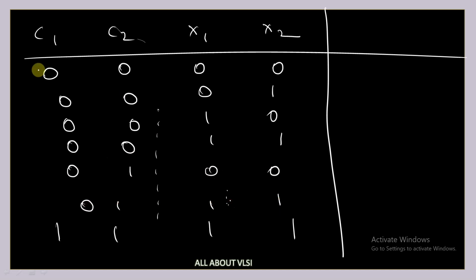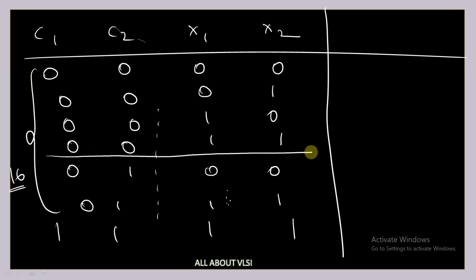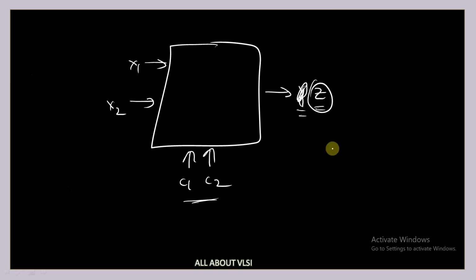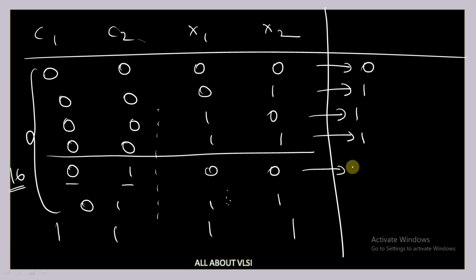So in total we have 16 combinations. From the 16 combinations, if your control input is 0 0, then you perform the OR operation, so your output is 0 1 1 1. Next, if your control input is 0 1, then you perform the XOR operation, so your output is 0 1 1 0.